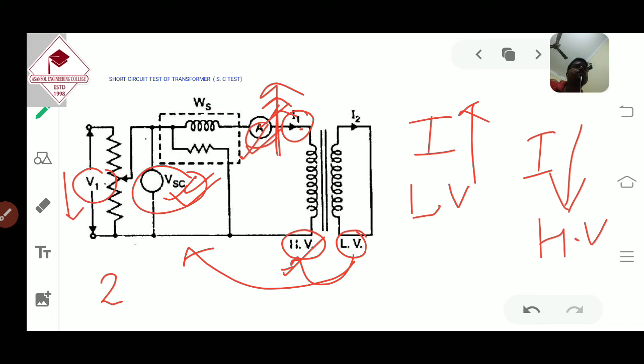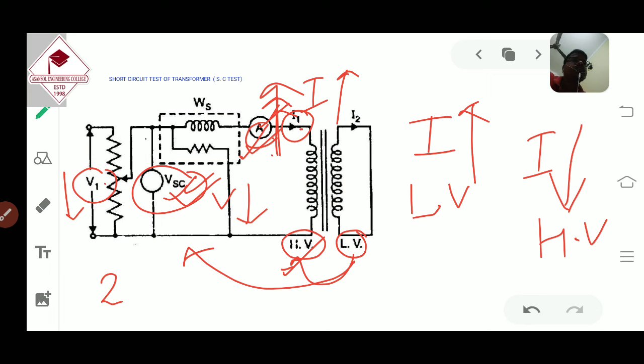So the concept of this metering is just opposite to the open circuit test, right? The problem we were facing in the open circuit test is that the ammeter needed to measure very low current and the voltmeter very high voltage. But here the problem is reverse. This voltage is too low and this current is too high to measure.